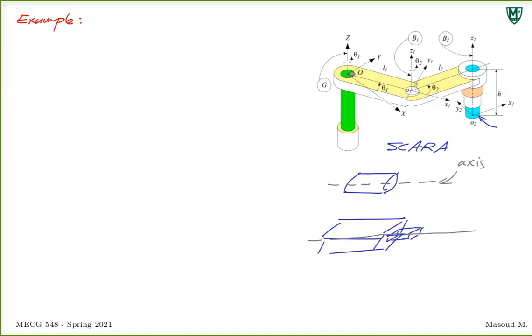You want to think about it that way. So the problem statement, you can write it this way. We have a SCARA robot arm with a global coordinate frame. Let's skip the coordinate.